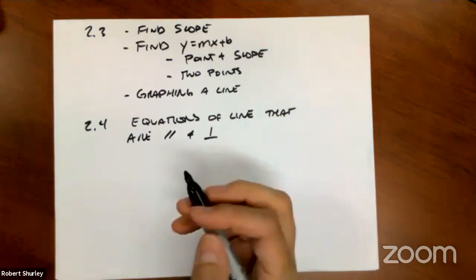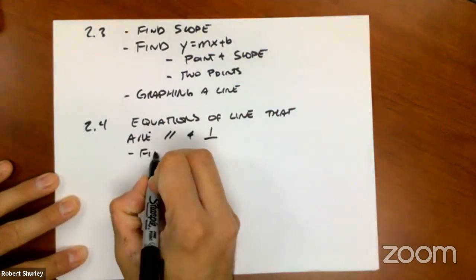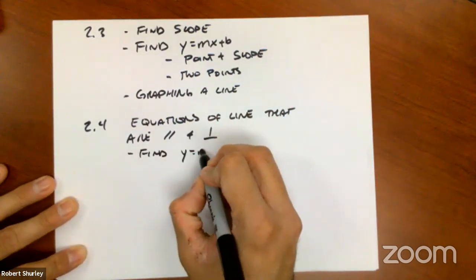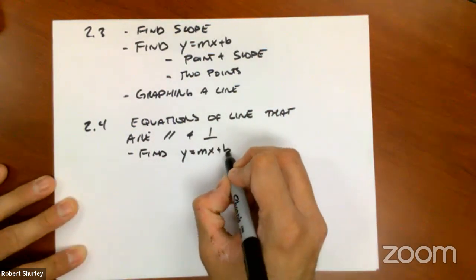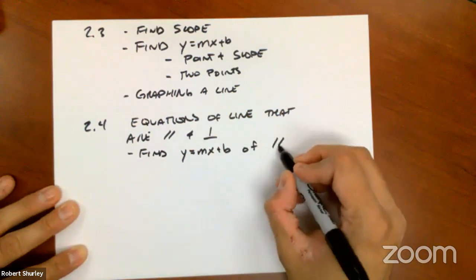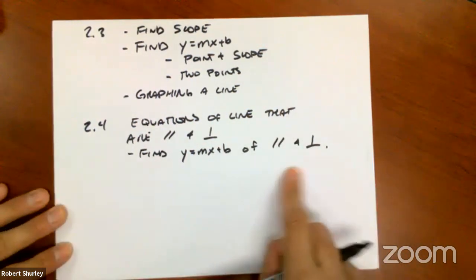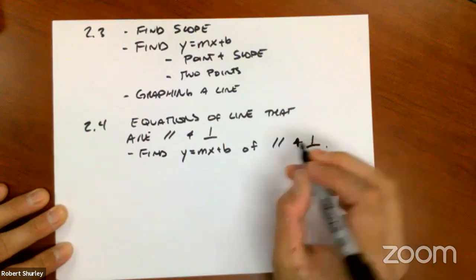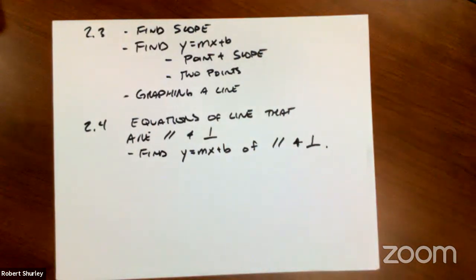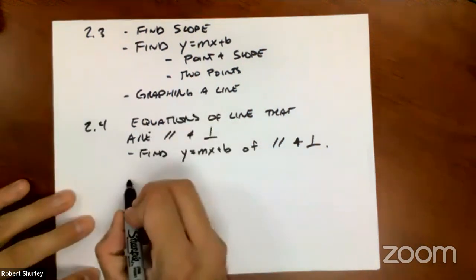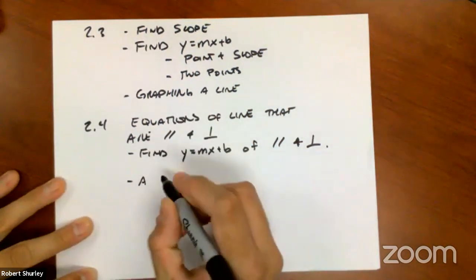And so really you're finding y equals mx plus b of a parallel line, and those are two separate questions, okay? The line's parallel to another line and you're given a point, or a line's perpendicular to another line and you're given a point. That was 2.4. And then the last part of 2.4 was average rate of change.